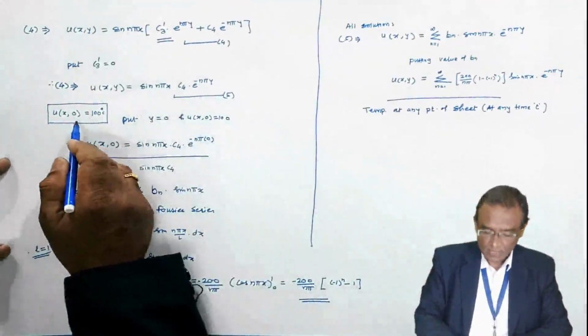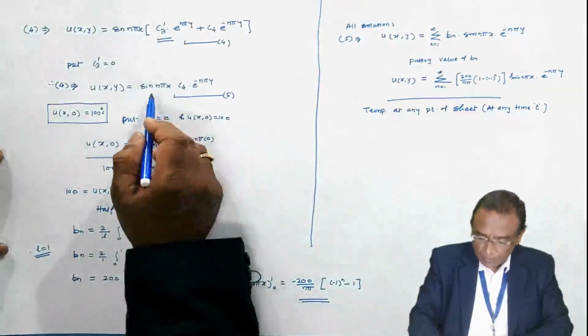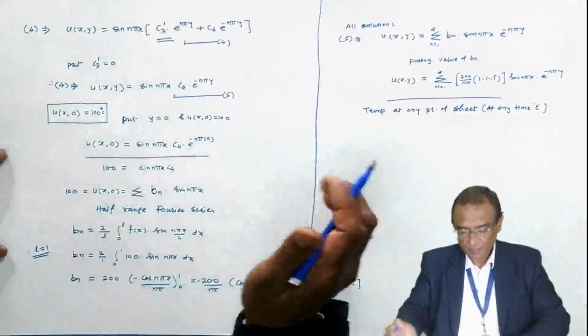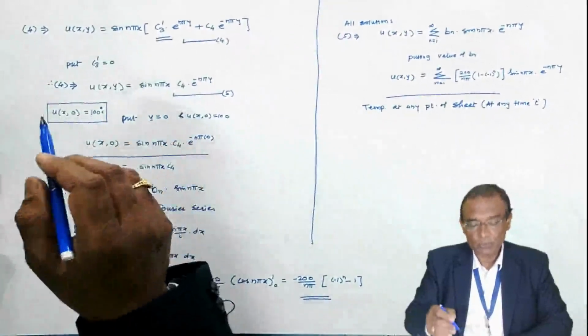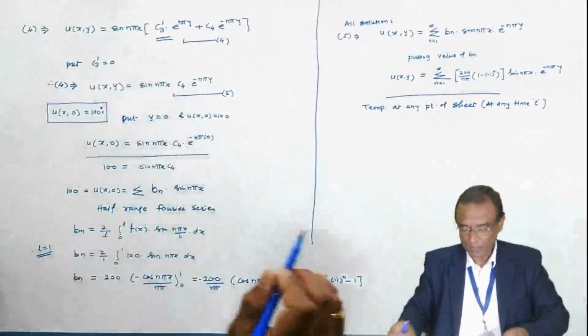When you apply the last condition, the further part of the solution will be a little bit different. But up to equation 5, the same thing we have to repeat. Therefore, in the second problem, in order to save time, this equation I will be writing directly.